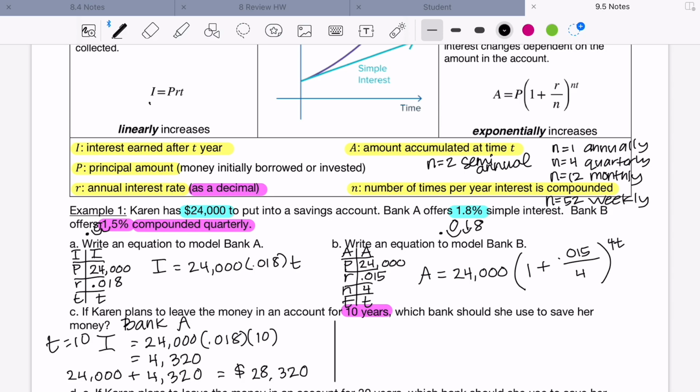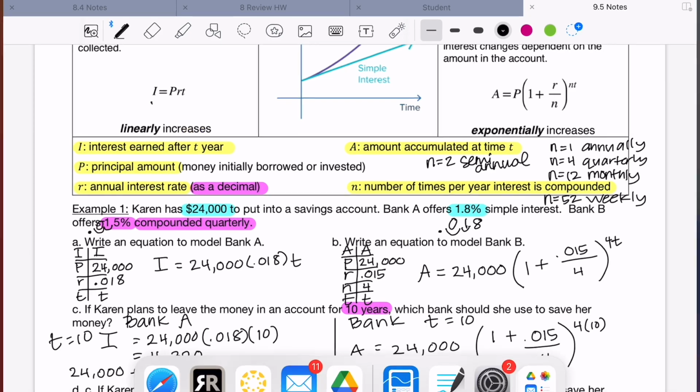Now we're going to go to Bank B, and in Bank B, it's the same thing. T is going to equal 10, and we're going to see if the compound interest makes more money than the simple interest. Generally speaking, compound interest is going to make more money the longer that you have it in the account. So here's our formula right here.